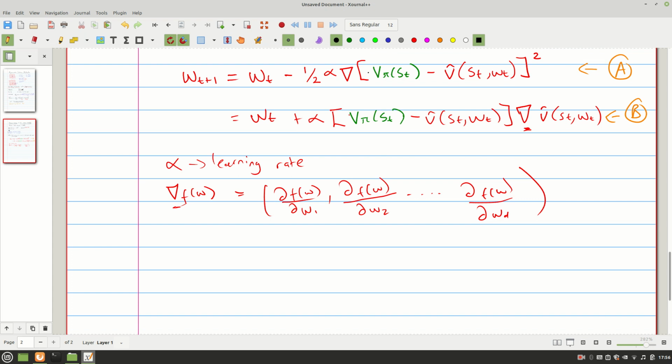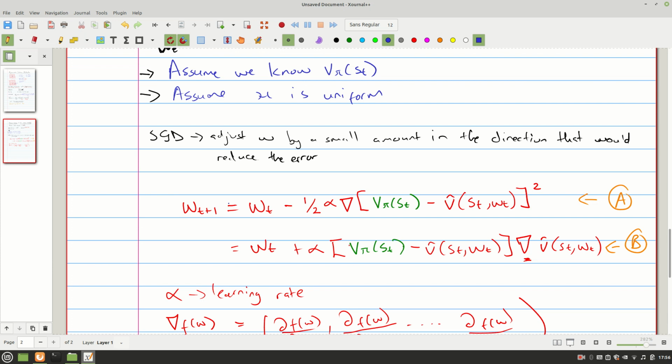One question you might have at this point is, why are we taking a small step? Could we not just take the entire step? Here alpha is usually a very small value, so that we just take a small step from our true value of w. If we take an entire step, we can eliminate the error completely in this particular state.